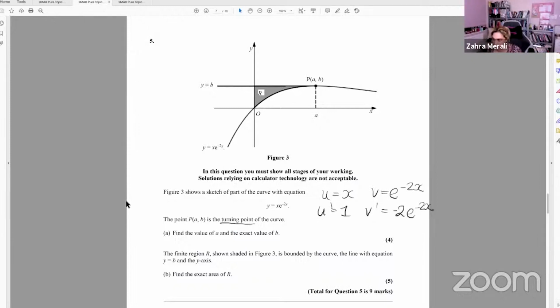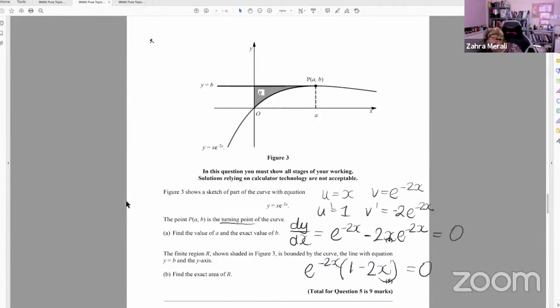We're going to cross multiply. So dy dx is going to be e to the minus 2x minus 2x e to the minus 2x. And we're going to make that equal to 0. So we're going to take e to the minus 2x outside, and we get 1 minus 2x. And then we rearrange that, and we can see x equals a half.